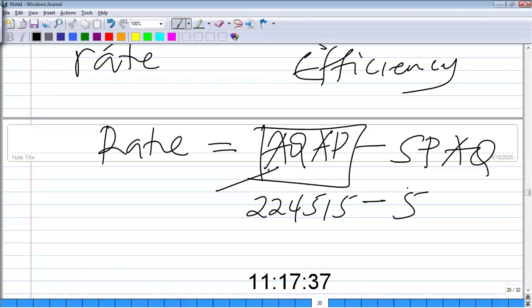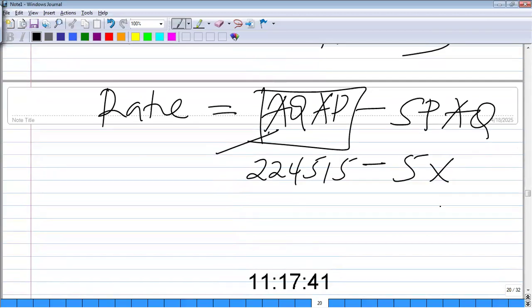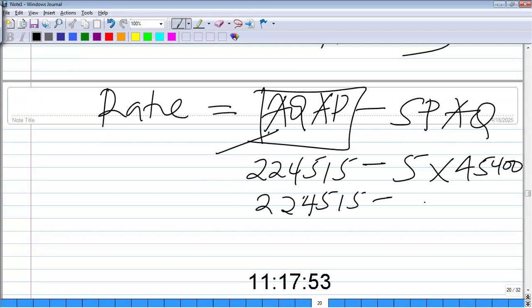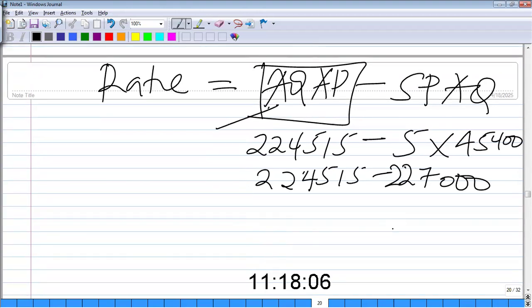How many hours were actually worked? 45,400. What do you get from that? 224,515 minus 227,000. Okay, adverse or favorable?